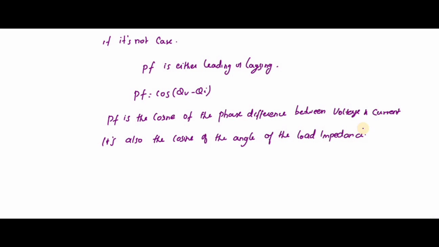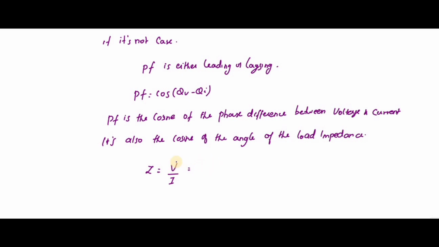So here it is telling about the angle of Z. So what is Z? Z is equal to V by I. Correct.